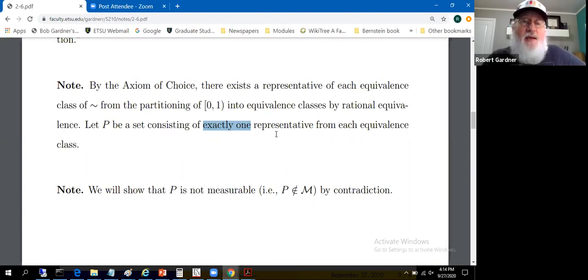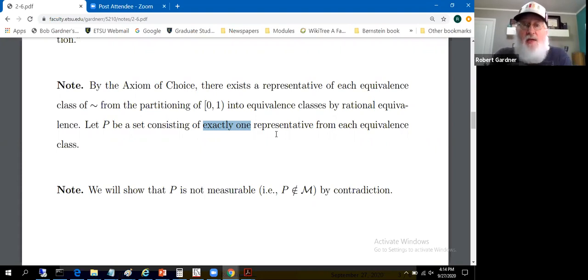Can you tell me anything about set P? How about this? It contains exactly one rational number between 0 and 1. All rational numbers have a difference that's rational. So under rational equivalence, maybe extended even to the whole real line, any two rational numbers are equivalent.